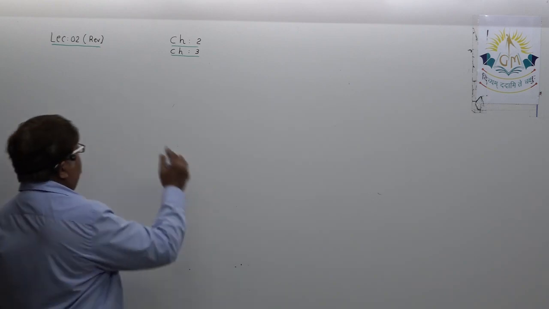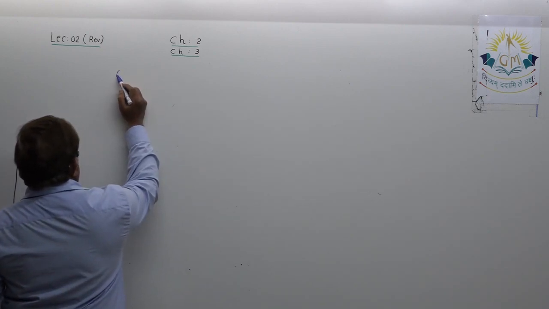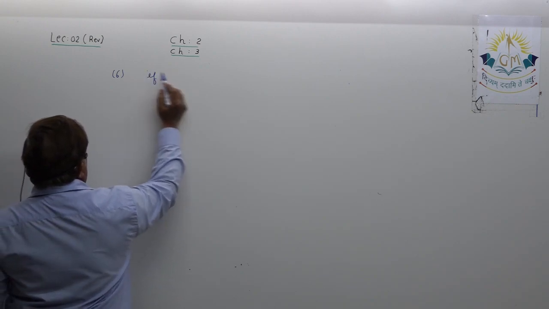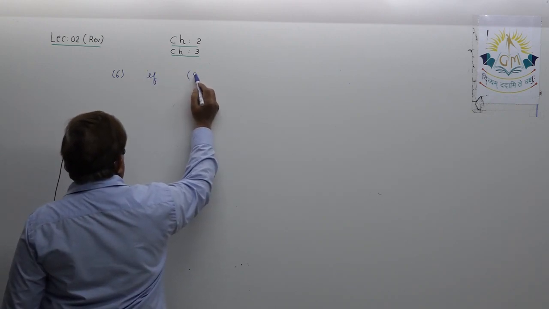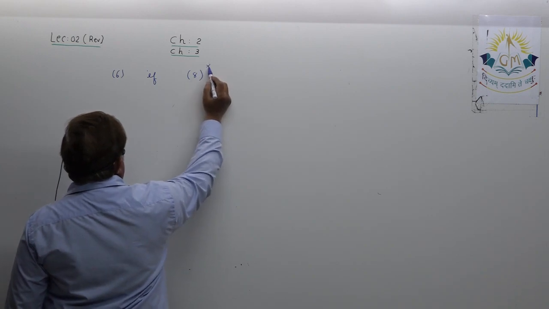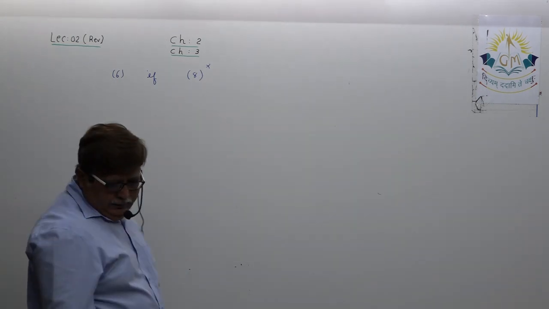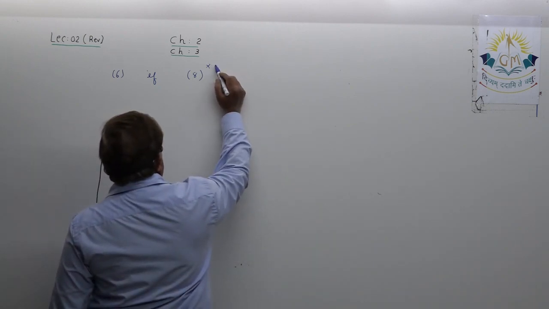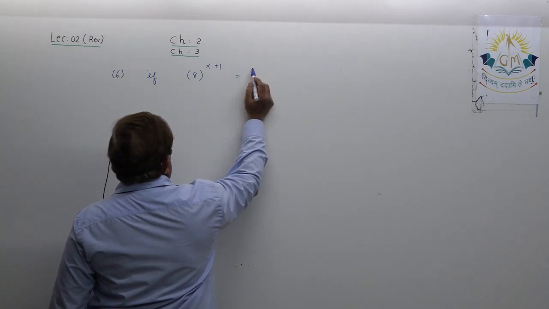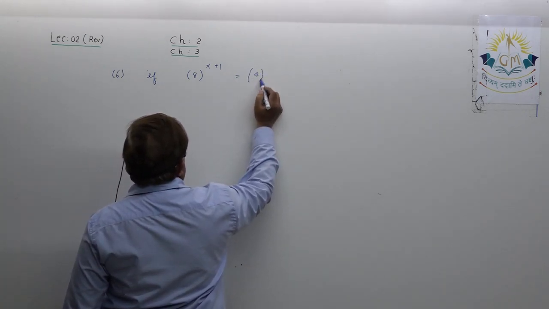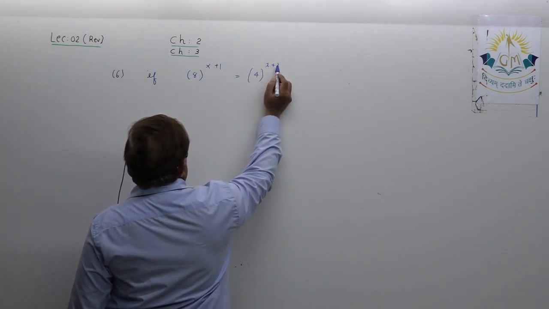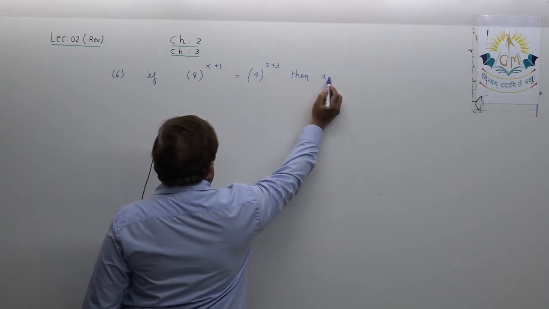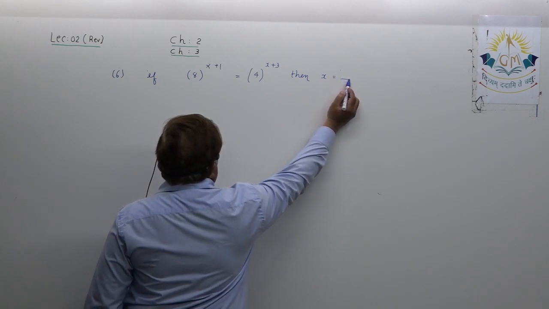Suppose it is given like this: if 8 raised to the power of x plus 1 equals 4 raised to the power of x plus 3, then x equals dash.